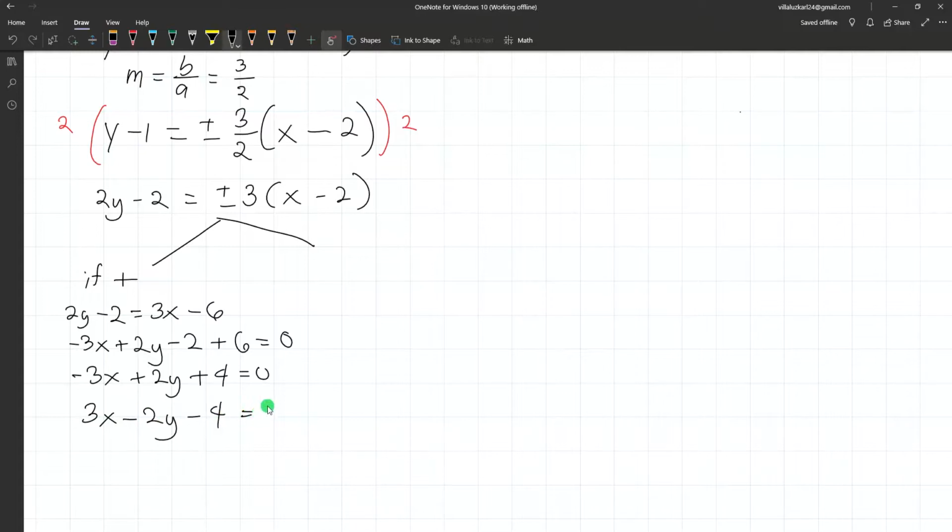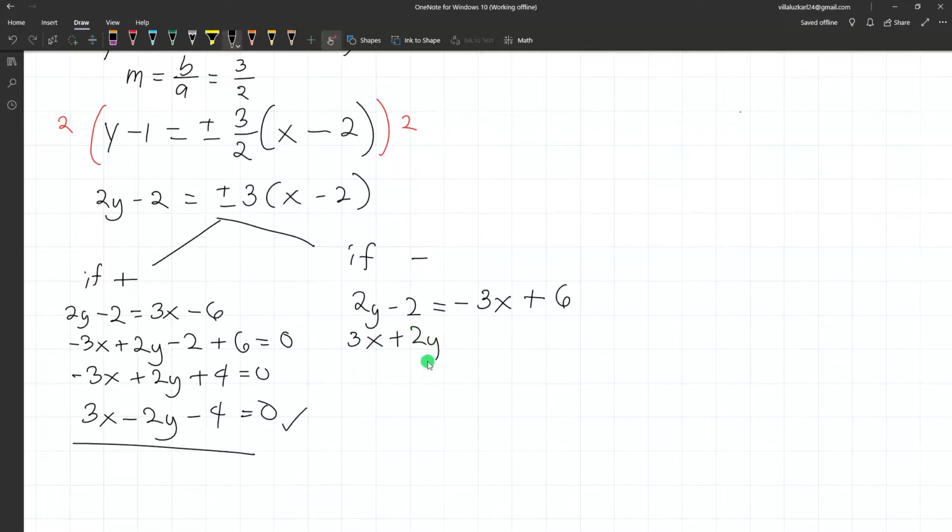That's your equation. If it is negative for the slope, 2y minus 2 equals negative 3 times x, negative 3x. Negative 3 times negative 2 is positive 6. So transposing that, we have 3x plus 2y minus 2 minus 6 equals 0.